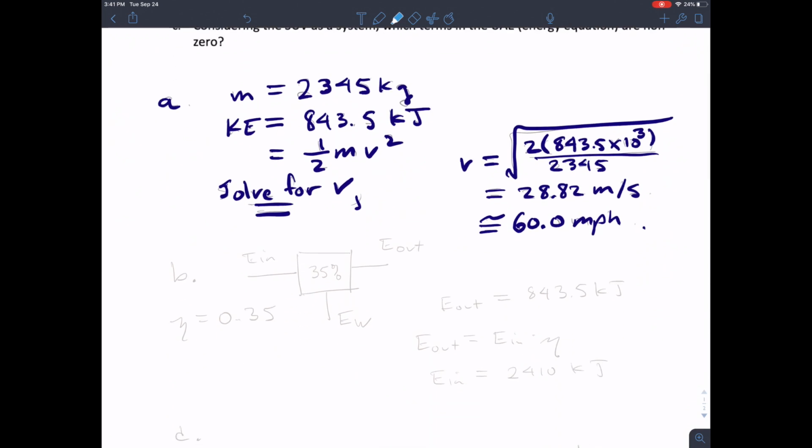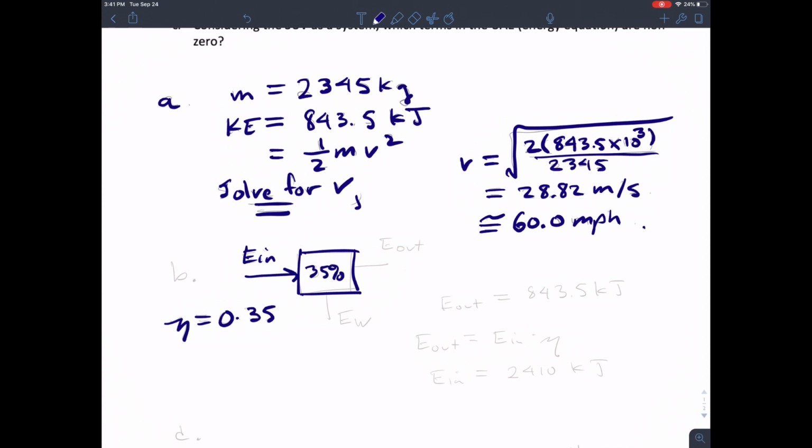What we have is a certain energy coming in. That's what we'd like to know, and we'll talk about why in a second. We know the efficiency of the engine is 35%.